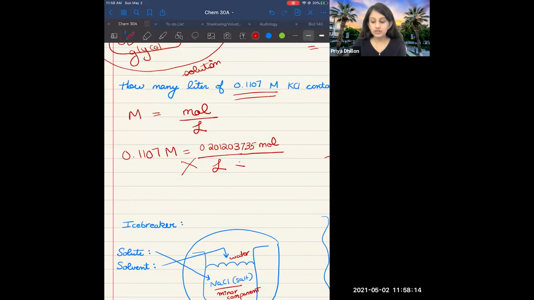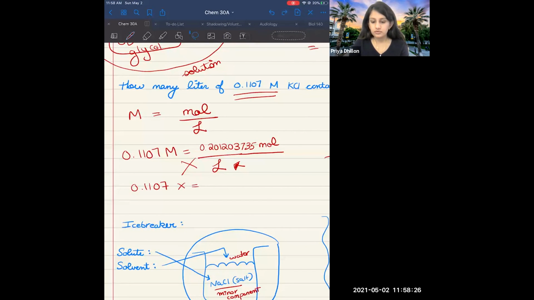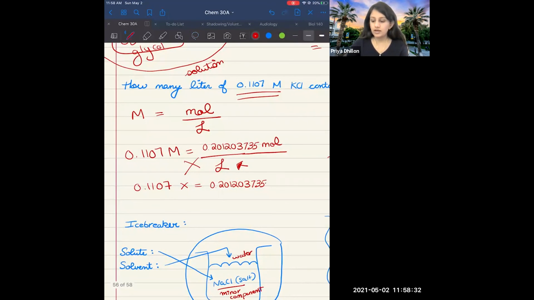Since we don't have much time, I'm just gonna put it into perspective. And this was the amount of moles we had. And to get X by itself, you just divide from both sides, right? So can one of you guys put it into the calculator and tell me what you got?